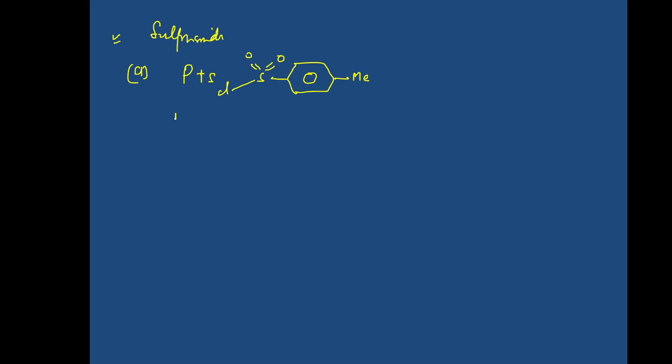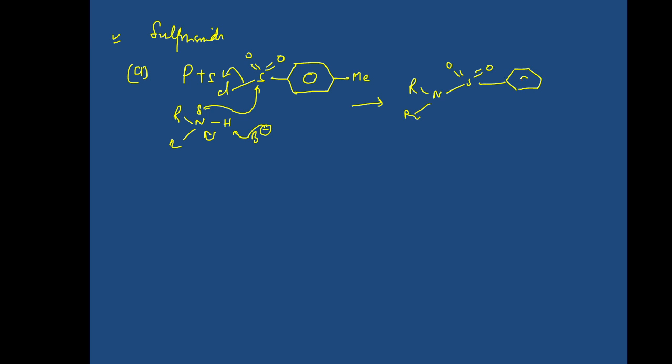So we'll treat it with the primary or secondary amine whose nitrogen atom we want to protect. Basically a base is required which abstracts the proton, and it attacks over here because this chlorine is a good leaving group. So this nitrogen atom gets protected. We have sulfur, double bond O, and this is attached to para-toluene.